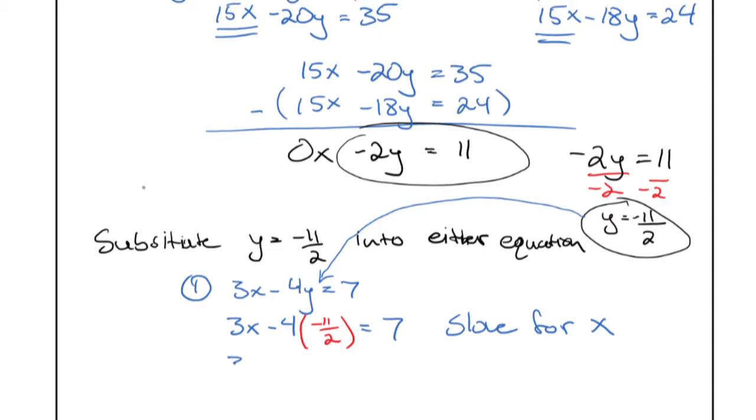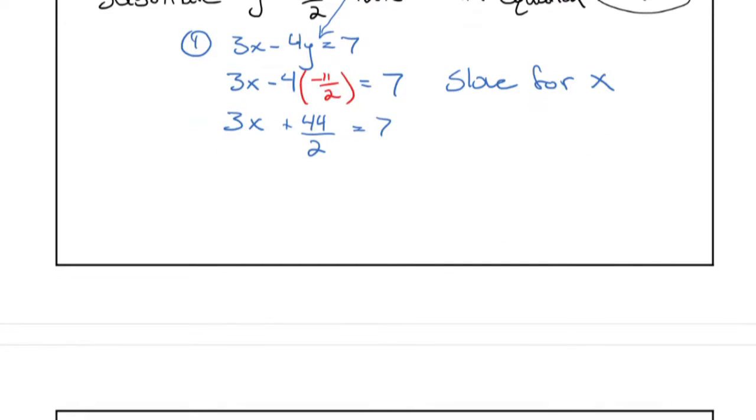I'm going to get 3x minus 4 times negative 11 is going to be positive 44 over 2 is 7. 3x plus 22 is 7. I'm going to subtract 22 from both sides, and 3x will be equal to negative 15.